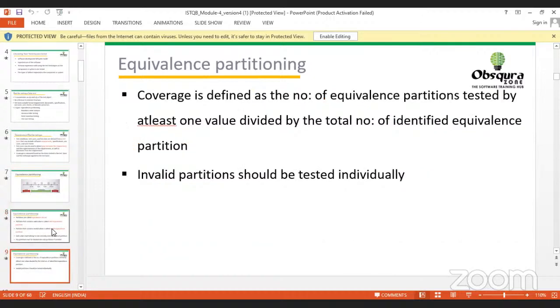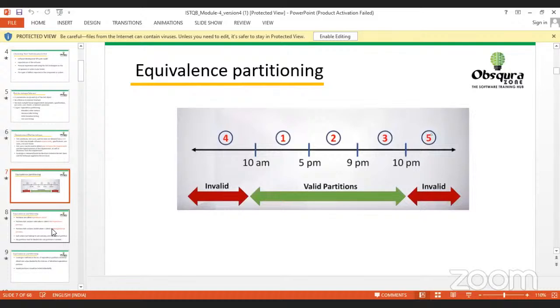Now, coverage is defined as the number of equivalence partitions tested by at least one value divided by the total number of identified equivalence partitions. So in this diagram, there are 5 partitions, and I have tested only 2 of them.